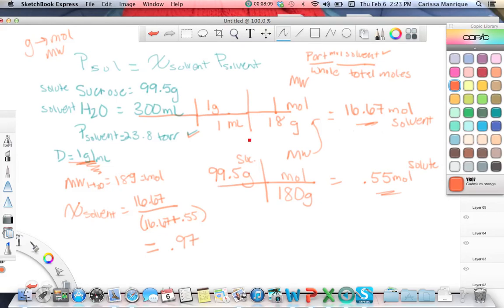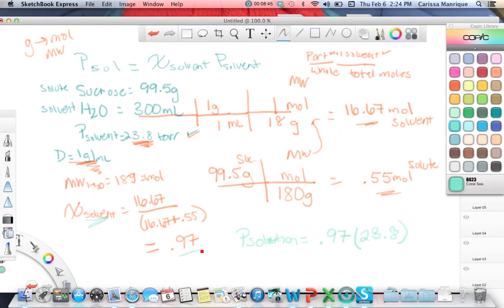But not 100%. If it was 100%, then the vapor pressure would be 23.8, right? Because then this would just be 1. But it's not. So let me get a different color here. Let me get this light blue. My new pressure of my solution equals my mole fraction, which I found right here, 0.97, times my original vapor pressure, which was 23.8.